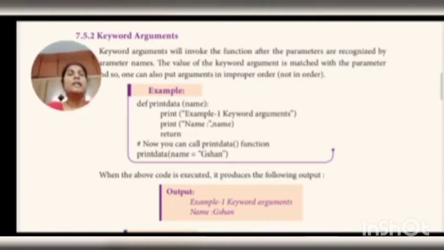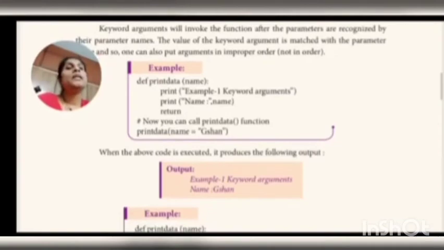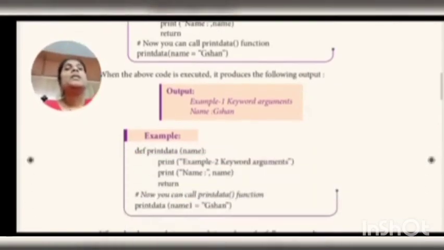Then it has the return statement. Next we have print data, which is the function call. It has name equal to Sean. This is correct, since name is the parameter and it is supplied with the argument Sean. This will display the output: example 1 keyword arguments, and name equal to name Sean.